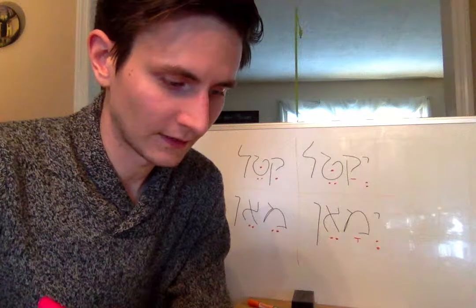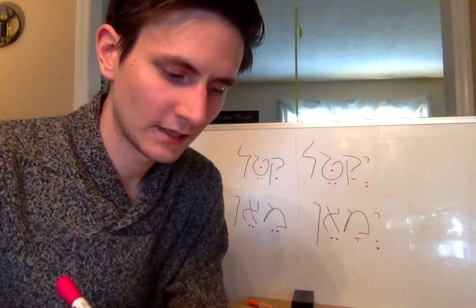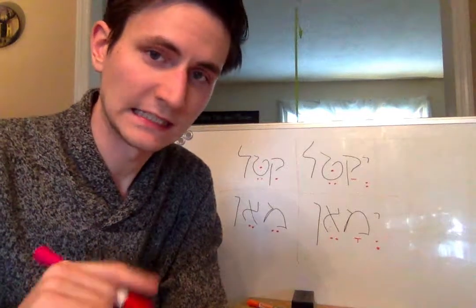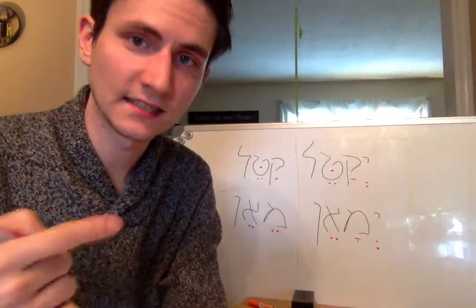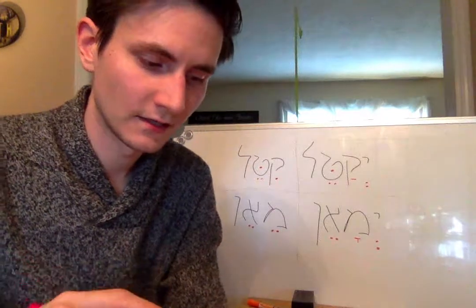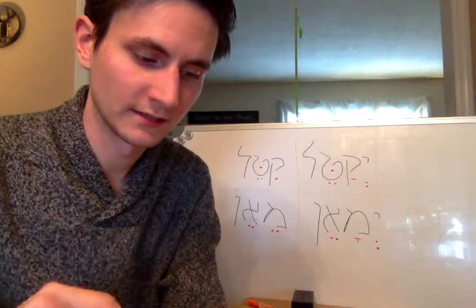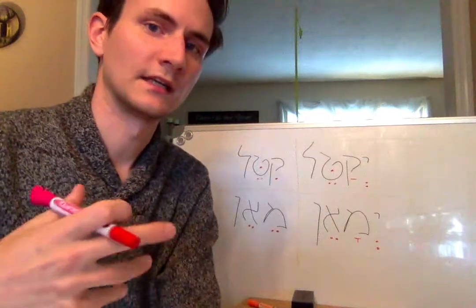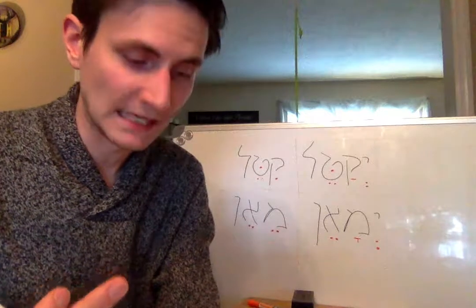And then the last verb is kalal. In the Qal, it means to be light. And its antonym, its opposite, is kavad or kaved, to be heavy. So kalal, to be light, is related to kaved, to be heavy. But in the Piel, it gets a more intense meaning.